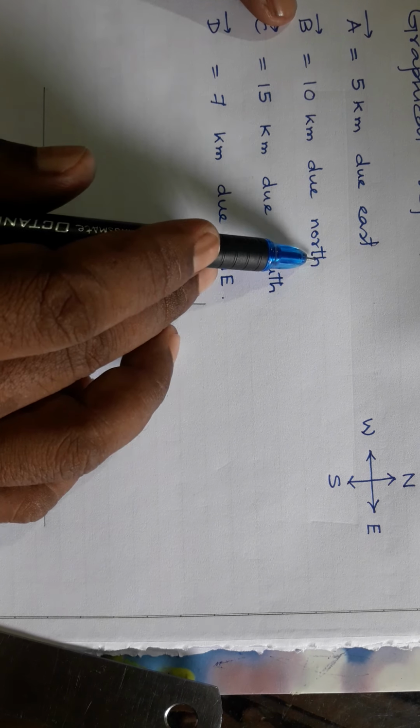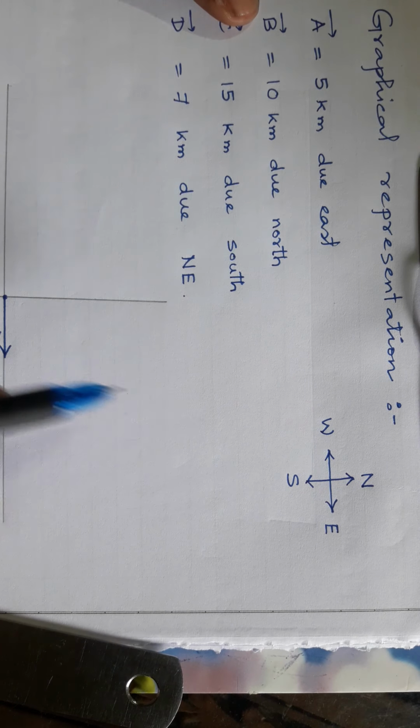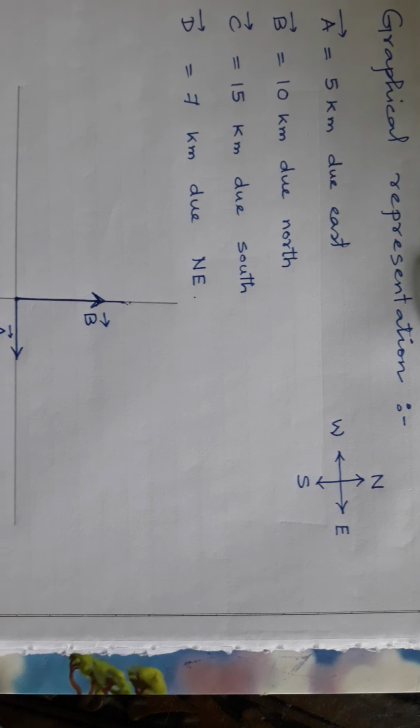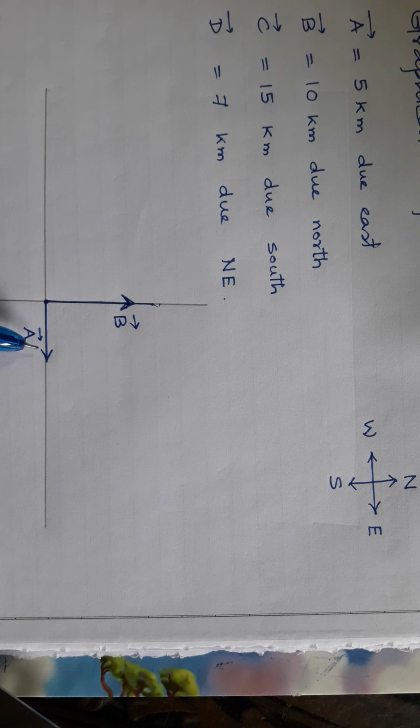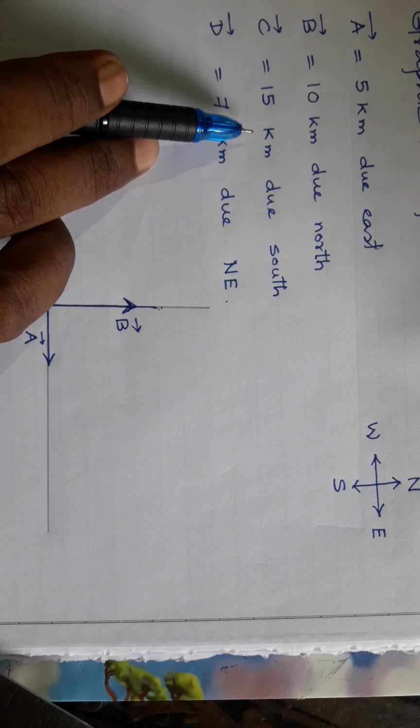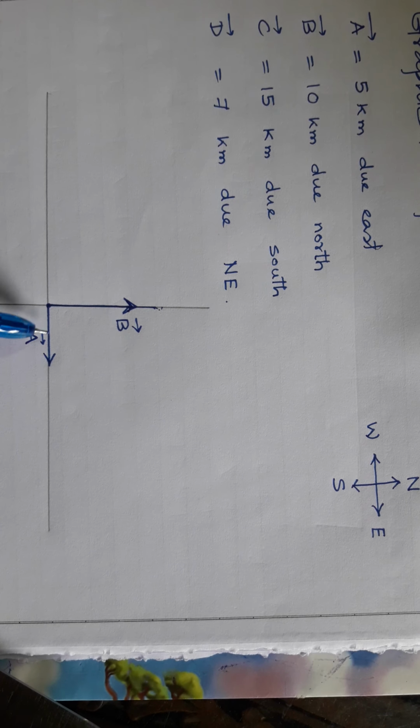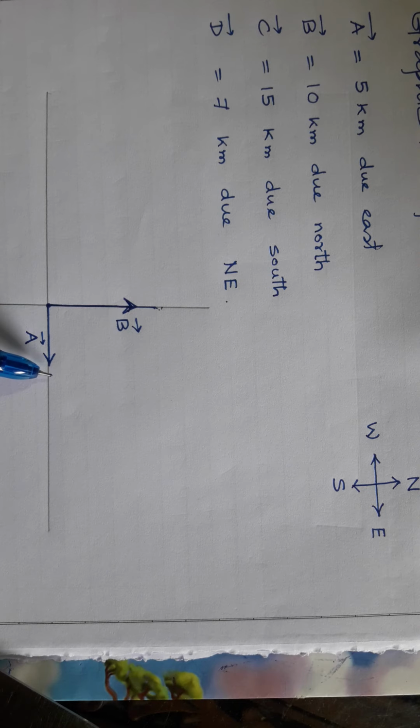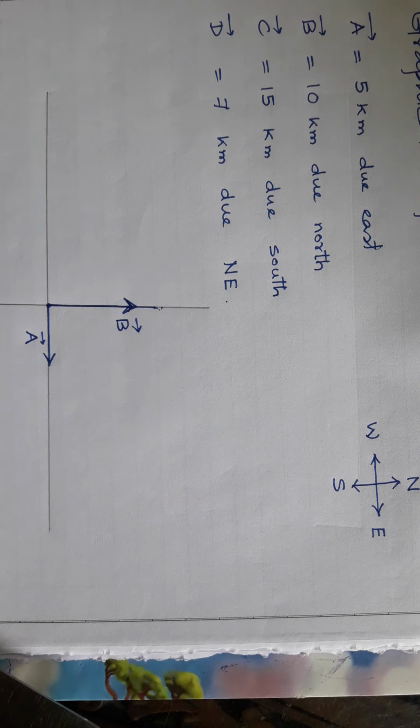And in which direction? Towards north. North is upward. So B is double of A and directed towards north. Now C is 15 kilometers, obviously 3 times that of A, and towards south. South is downward.